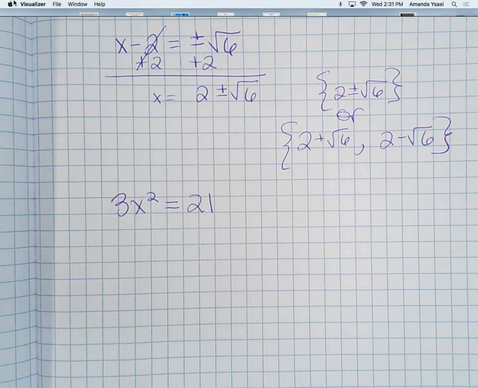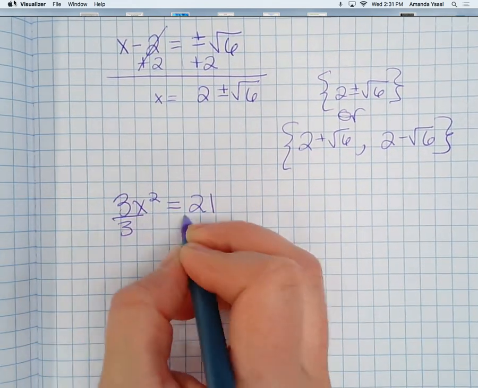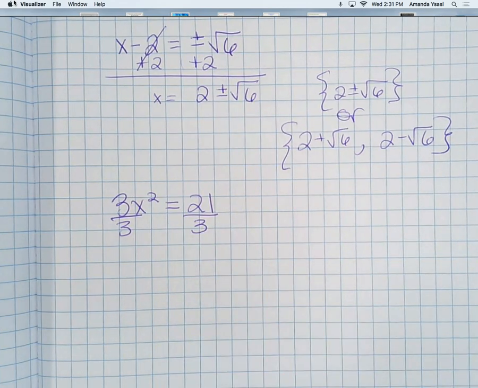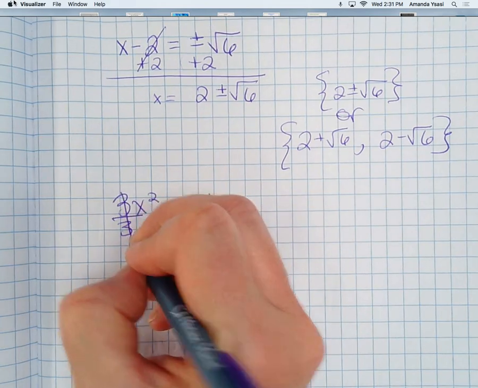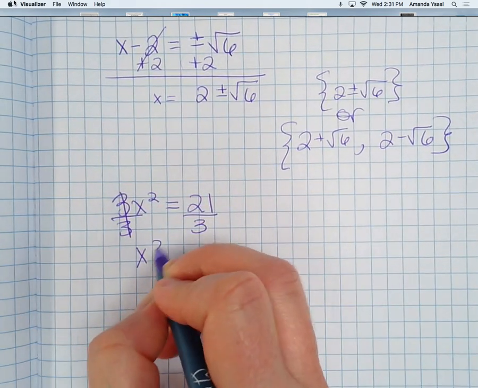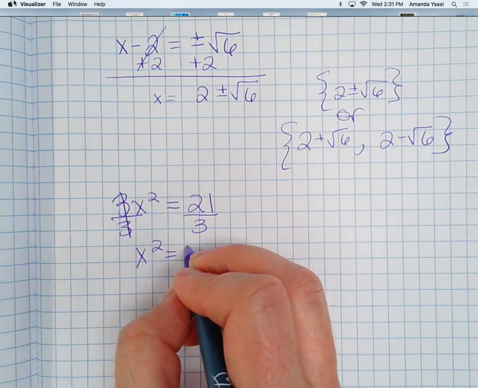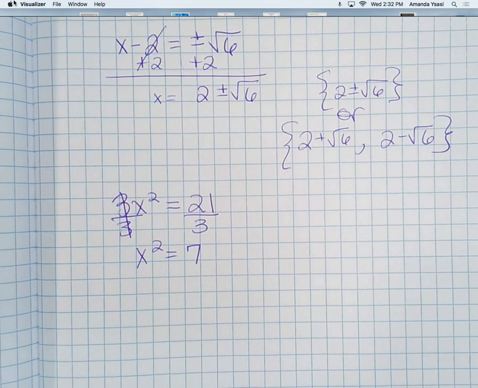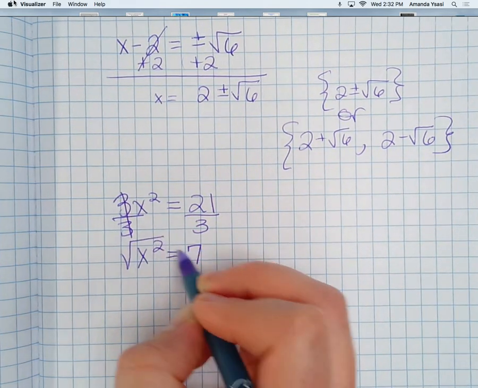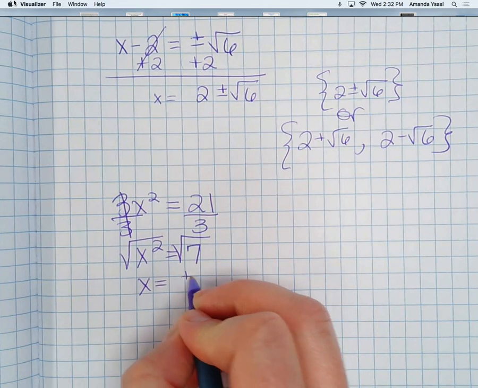Divide by what value? 3, yeah. Divide by 3. If the 21 was on the other side, we could have factored. But this case actually made it a little easier. So we get x squared equals 21 over 3, which is 7. And then what's the last step? Yeah, square root. So what does x equal?